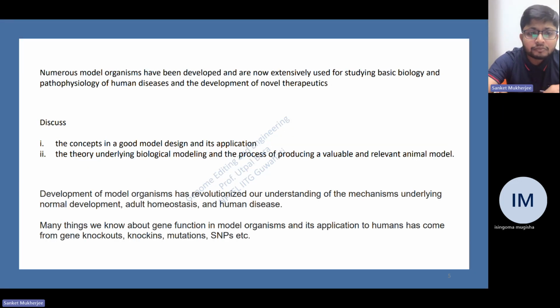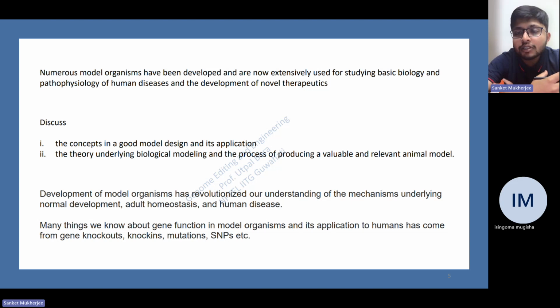So numerous model organisms have been developed and are extensively used for studying basic biology and pathophysiology of human diseases and the development of novel therapeutics. The lecture has already talked about the concepts of a good model design and its application, and the theory underlying biological modeling and the process of producing a valuable and relevant animal model.